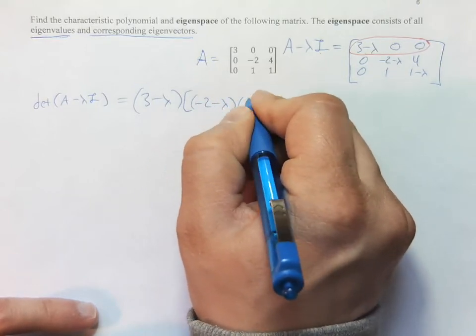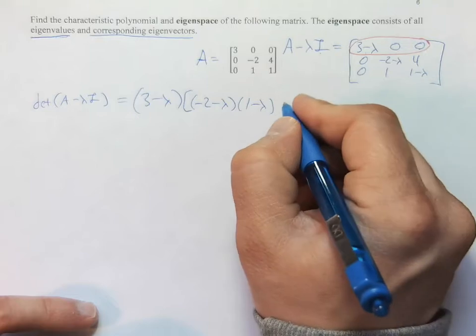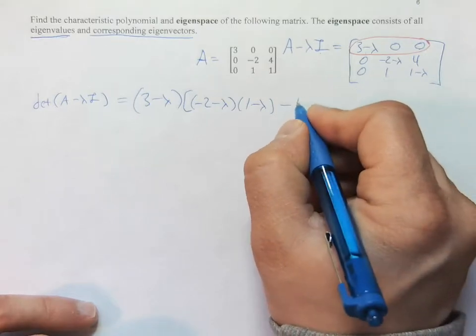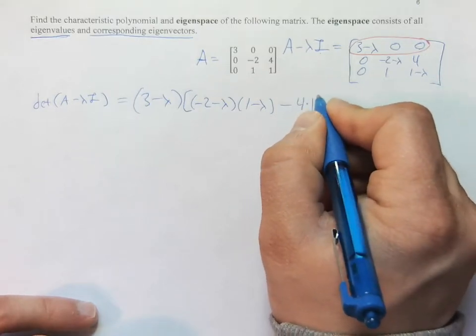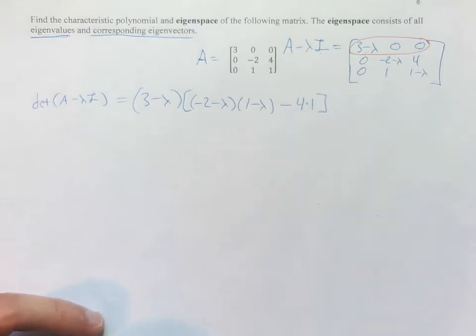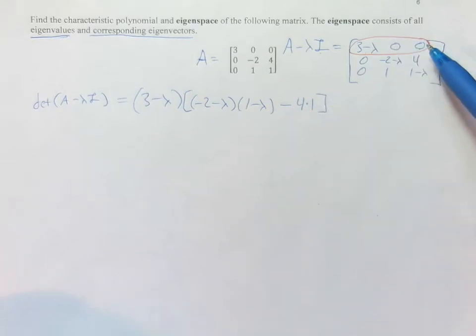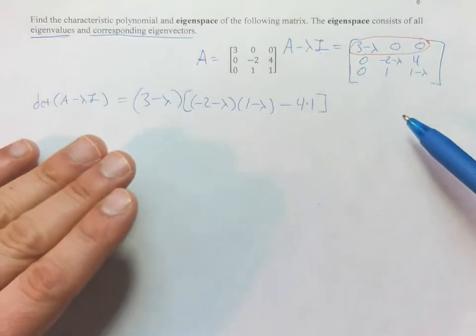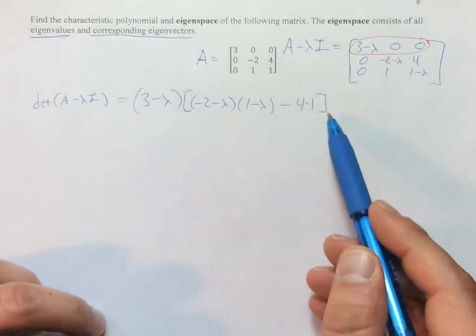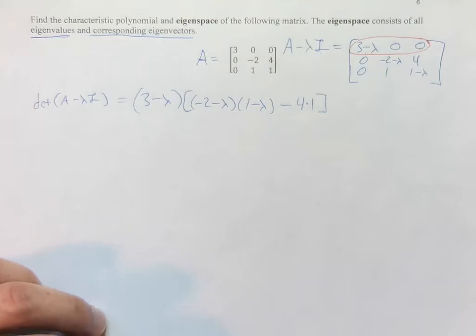AD minus BC. And then when we pull the other entries out, they're just 0, right? And so you're going to end up multiplying by 0, so I'm not even going to write them down. And so this is the entire characteristic equation that we can simplify and set equal to 0.